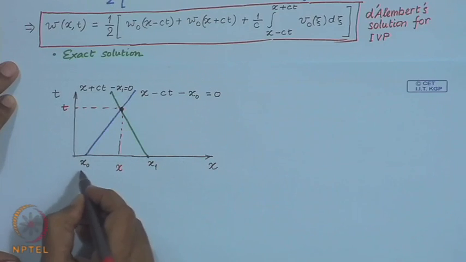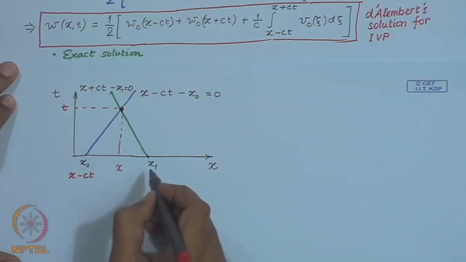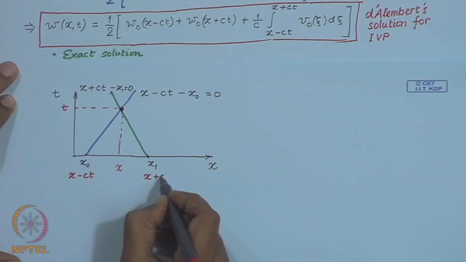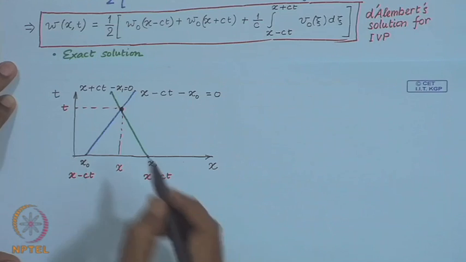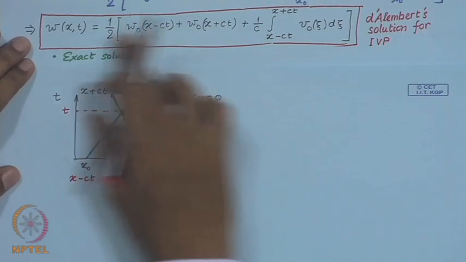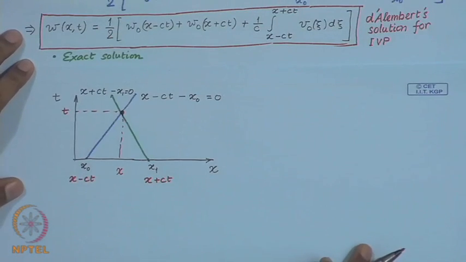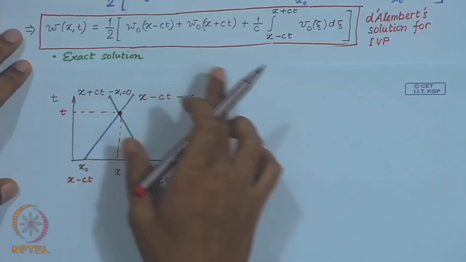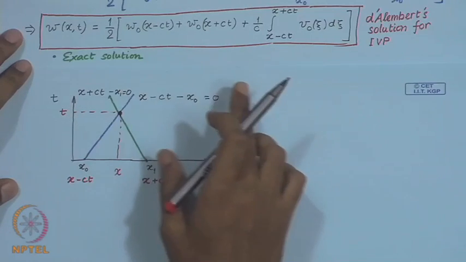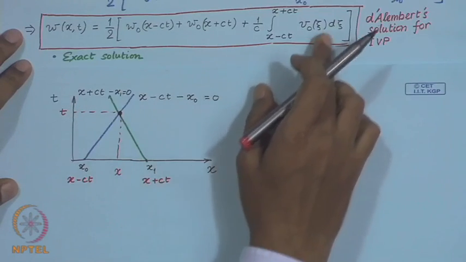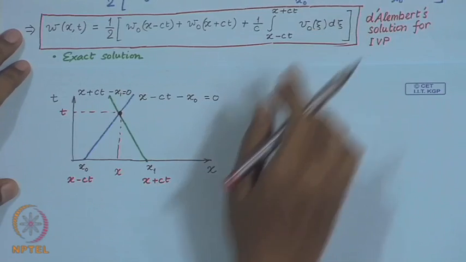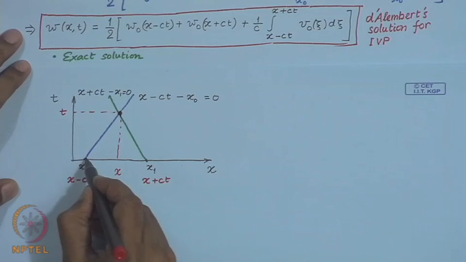So, this x 0 is actually x minus c t and this is x plus c t. So, solution, as you can see in this solution form, it depends on this whole interval, the integral of the velocity distribution over this interval.